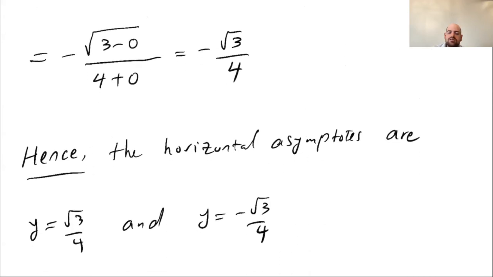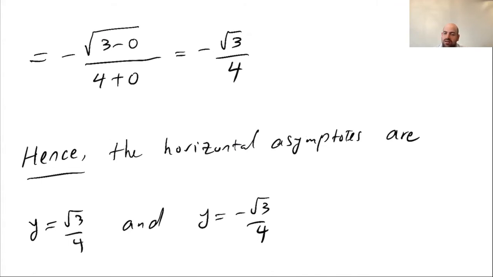So some people here say, for example, horizontal asymptotes are root 3 over 4 and minus root 3 over 4. That's not a correct answer because root 3 over 4 is just a number, right? When you say horizontal asymptote, you have to specify a horizontal line, which is also an asymptote for your function.